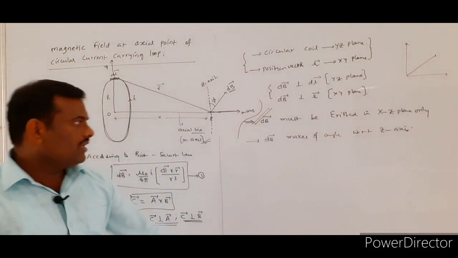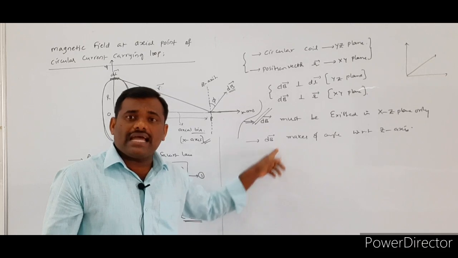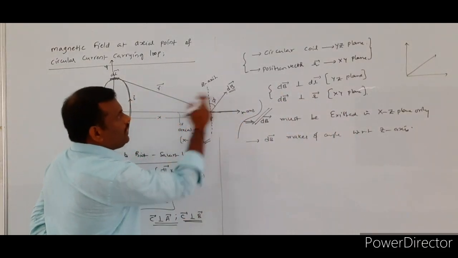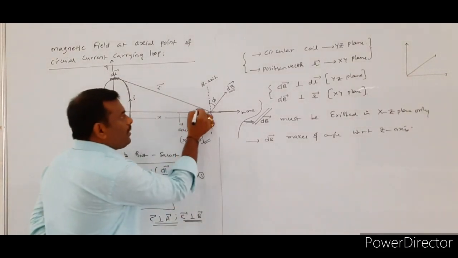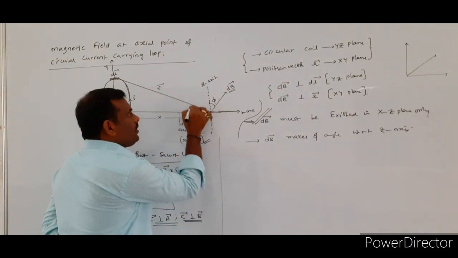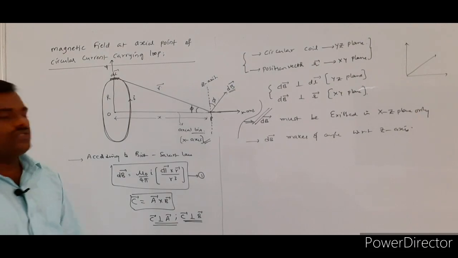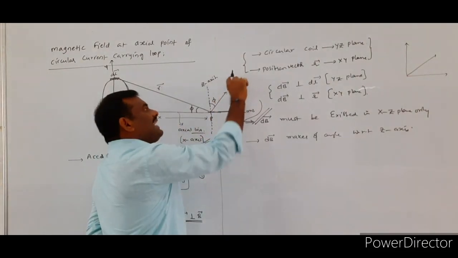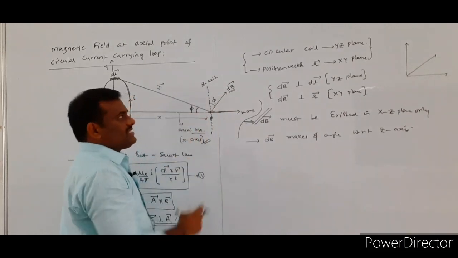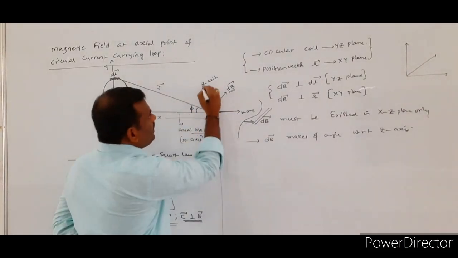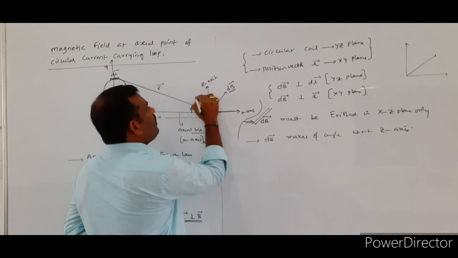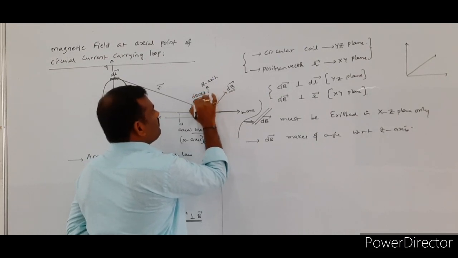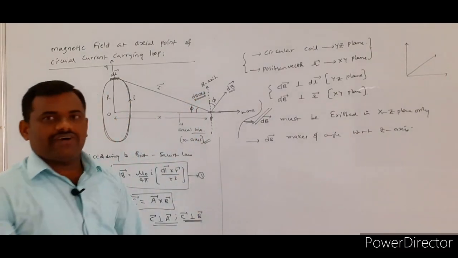Z-axis I consider. So dB bar will be making how much angle with respect to the Z-axis? Phi angle. So if this angle is equal to phi radians, from the geometry, this angle also is equal to what? Phi radians. That angle also is equal to what? Phi radians. Now, if any one of the vectors makes an angle of phi radians with respect to the Z-axis, in this direction, what component is present will be nothing but dB cos phi.